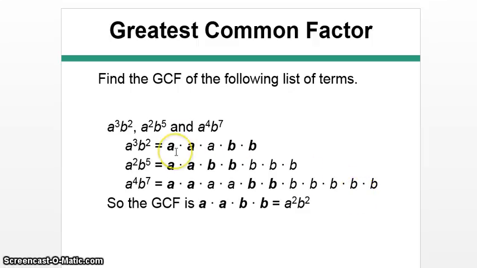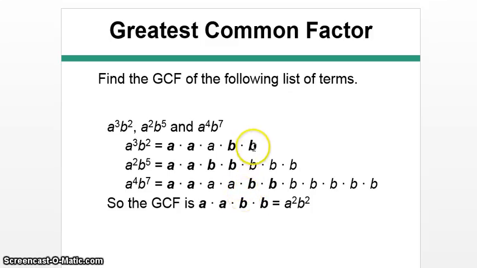Now let us look at the common factors. Here a is common to all the 3 terms. So a, and again these 3 are common, so we can write a times a. Then b: first one is b, second b, third also b, so these 3 are common.